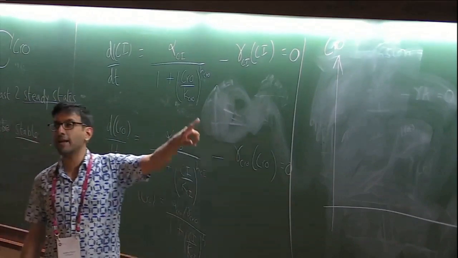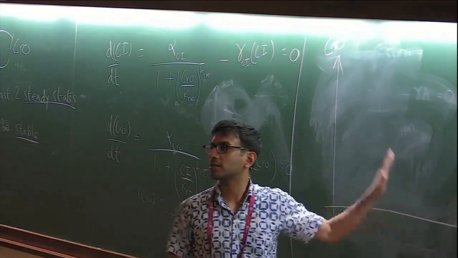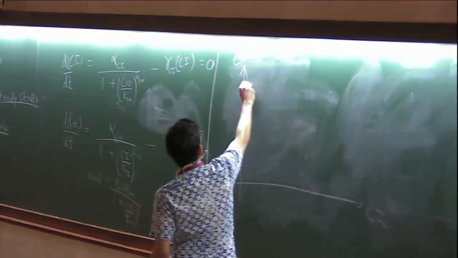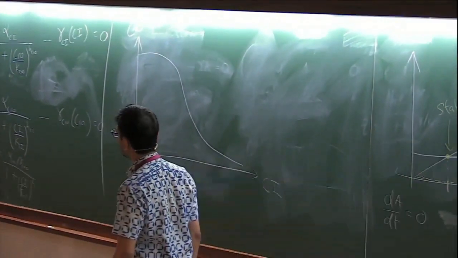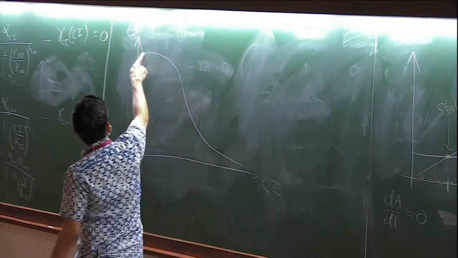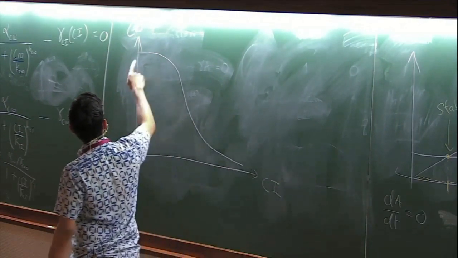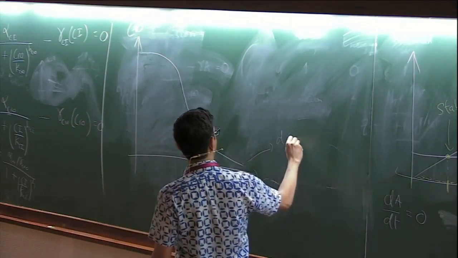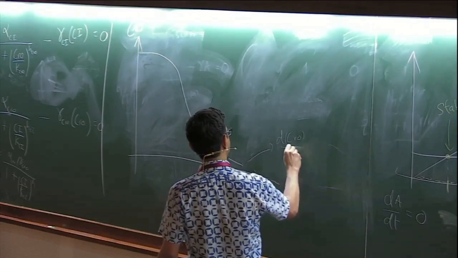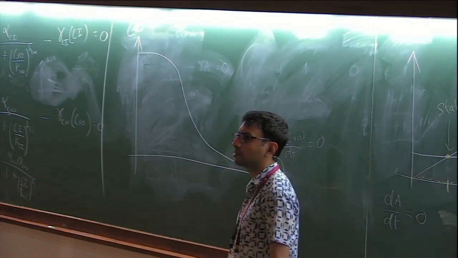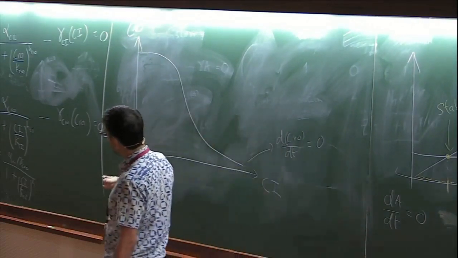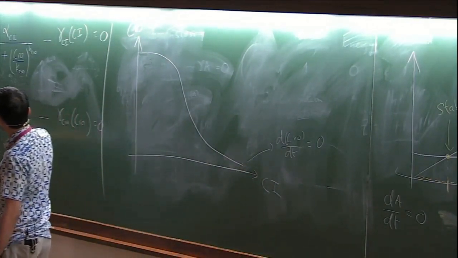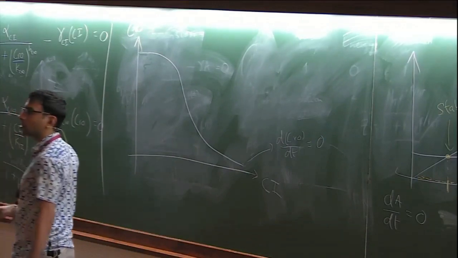This defines a line on this 2-dimensional space. And you can see what that line is. I'll draw it out and you can tell me if it makes sense to you. I'm not drawing it very well, but it'll look like this. This is the line d CRO by dt equals 0. Does that make sense? When C1 is small, then it's basically just alpha CRO by gamma CRO.